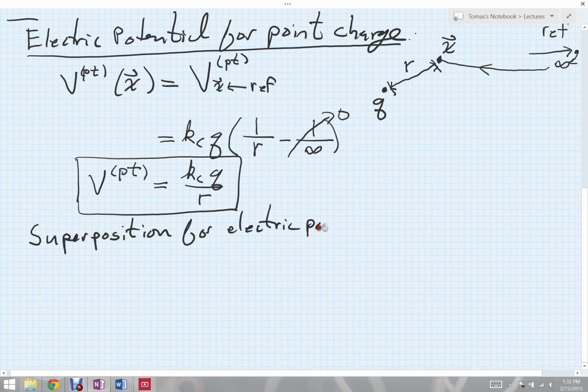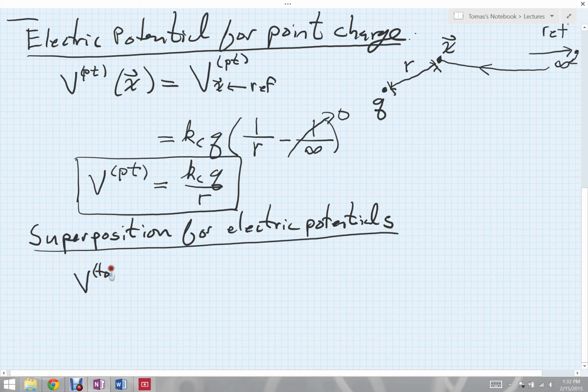And I'm basically going to use what we already know about superposition for voltages. You will recall that if I want the total electric potential at some location x, I know that that is defined as the total voltage as I move some charge to location x from my reference point.